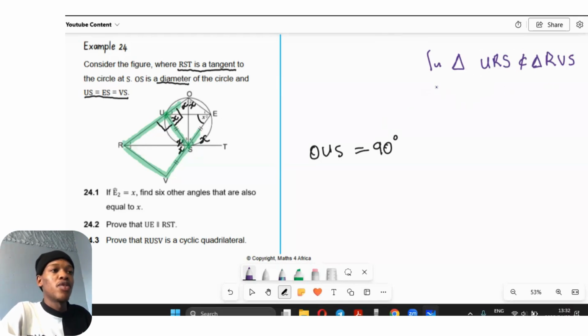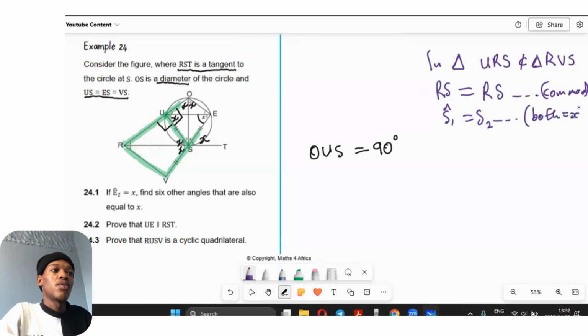But this time, RS is equal to RS. For both triangles, they share RS, so it's common. That is what they share firstly. And then also angle S1 is equal to angle S2. Why? They are both equal to X.